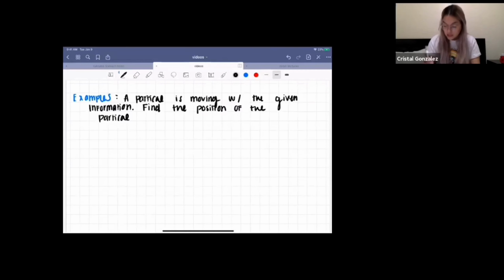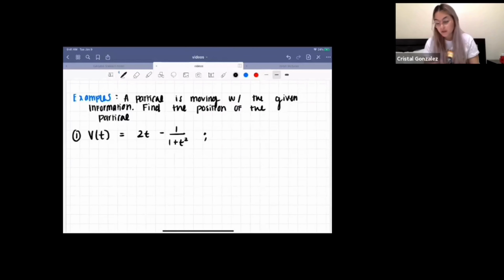Okay, so the first one we're going to do is v of t is equal to 2t minus 1 over 1 plus t squared. Now I'm going to show you something a little bit different, and then we're going to say that the initial position at time 0 is equal to 1.